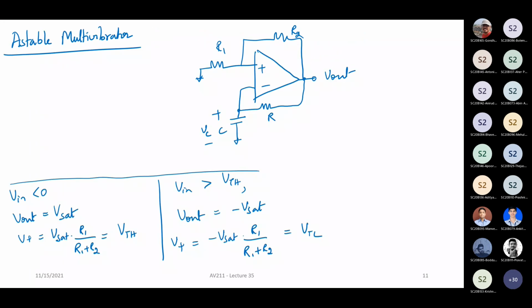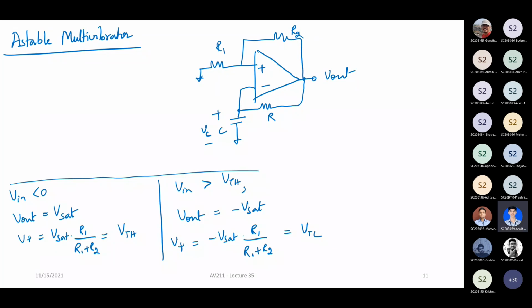What will happen to this capacitor? Will it remain at 0? No, sir. What will happen to the capacitor? There will be some voltage across the capacitor because VP equals VM? No, VP equal to VM doesn't apply here because you have two feedback loops, and a very strong positive feedback, so the output will go to one of the rails.